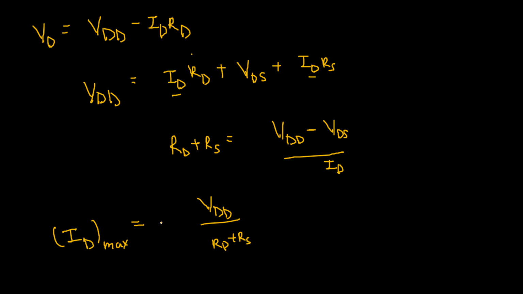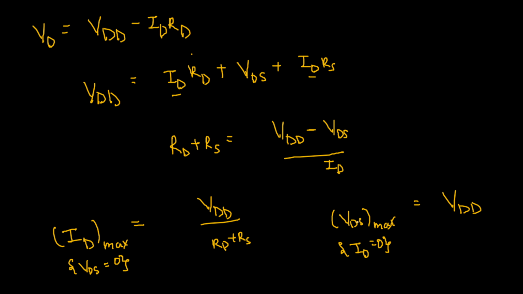When ID max is reached, VDS is 0, right? Then when VDS is at its maximum, that means ID is equal to 0, and we have the value for that as VDD.